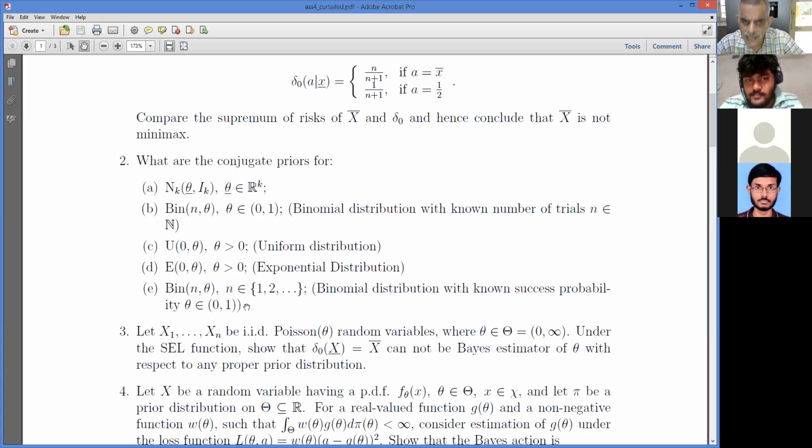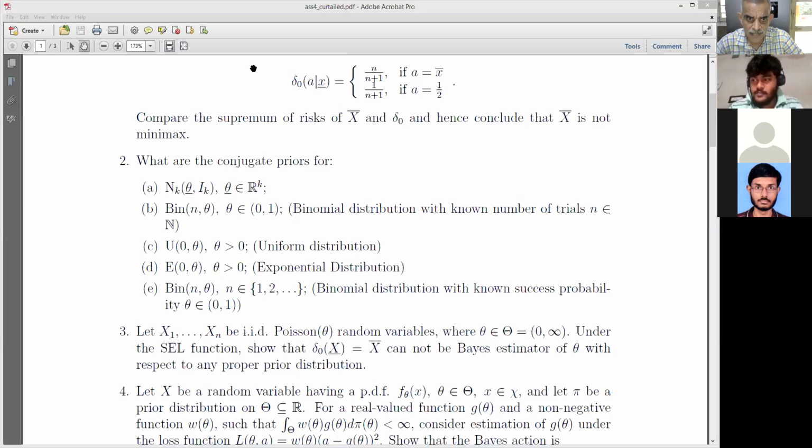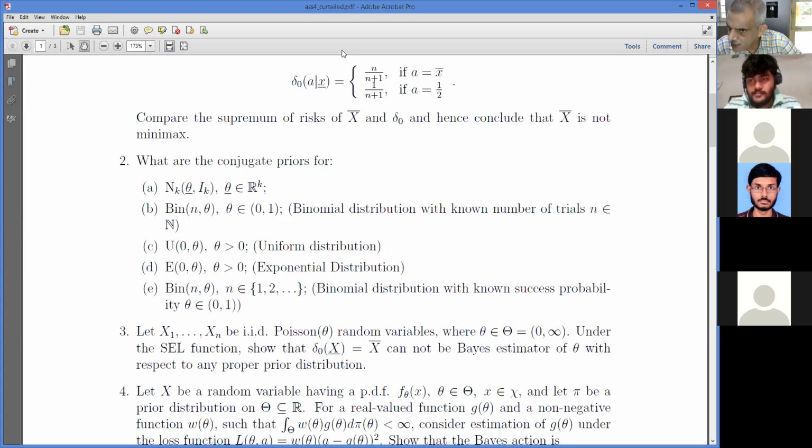Now in the E part, n is a parameter, right? N can take value 1, 2, and so on. So what is the distribution of x given n? N choose x, which is factorial n by factorial x, factorial n minus x, theta to power x, and 1 minus theta to power n minus x. Theta is a parameter.